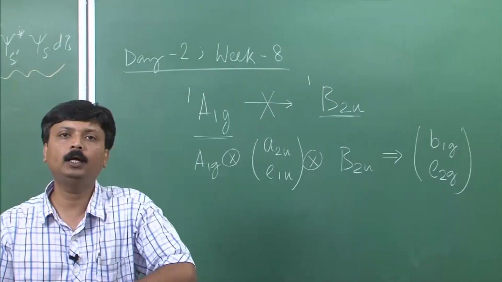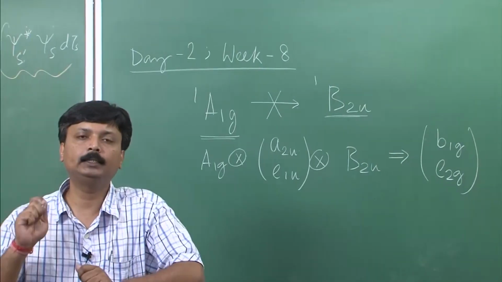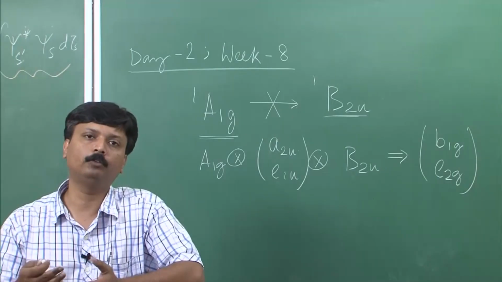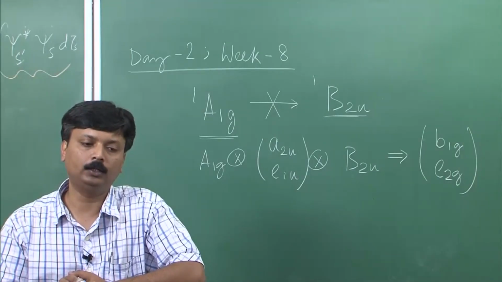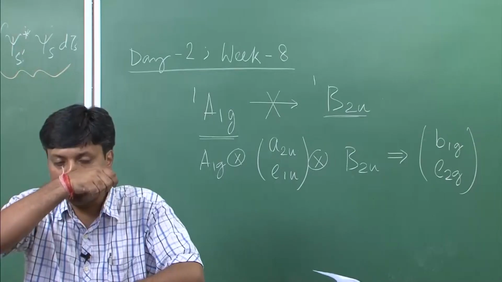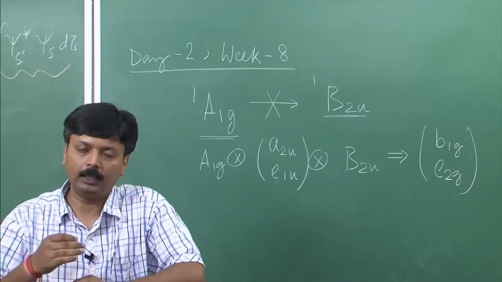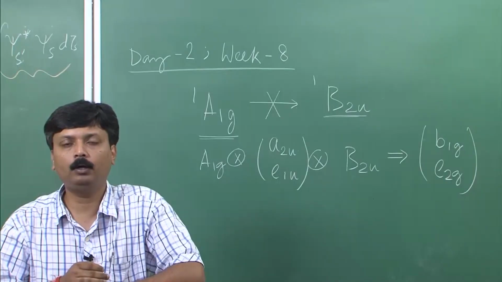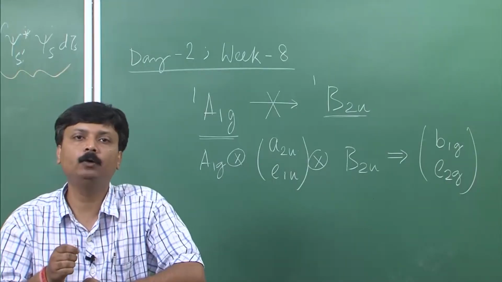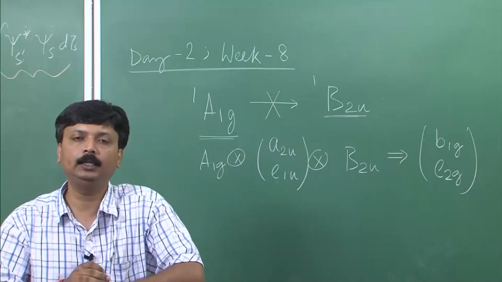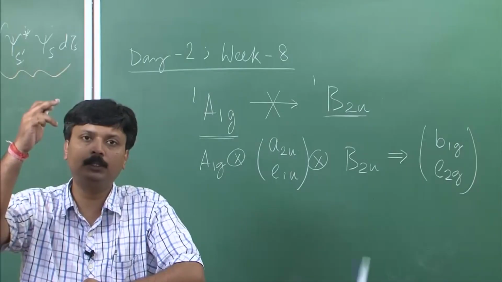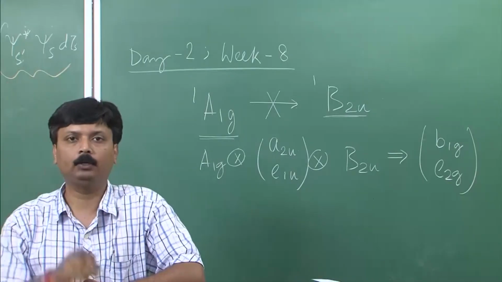Now here, when we were discussing the allowedness of a transition involving two electronic orbitals, we assumed that the transition was taking place from v equals 0 of the lower electronic state to v equals 0 of the upper electronic state, right?